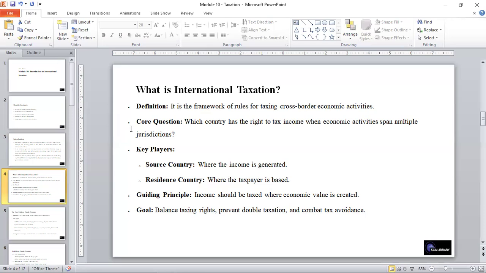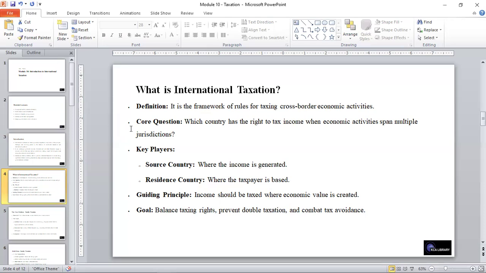The source country is where the income is generated, and the residence country is where the taxpayer is based. The guiding principle is that income should be taxed where economic value is created.